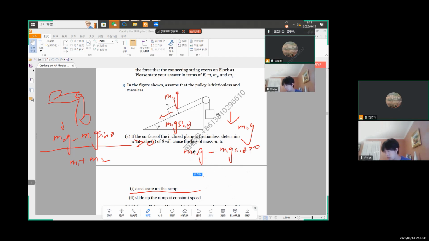Then that'll be m2 greater than m1 sine theta, right? And sine theta is less than m2 over m1, right? Does that make sense?